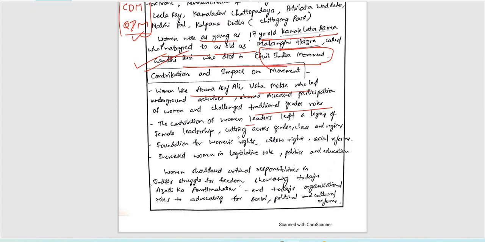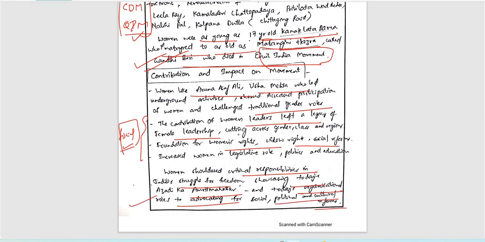Next, contribution of women leaders left a legacy of female leadership, and also the foundation of women's rights and widow rights, especially all these social movements, social issue related. Next, finally, women shouldered critical responsibilities in India's struggle for freedom, showcasing today's Azadi Ka Amrit Mahotsav and organizational roles in advocating for social, political, and cultural reforms.